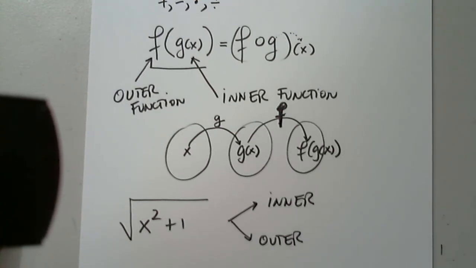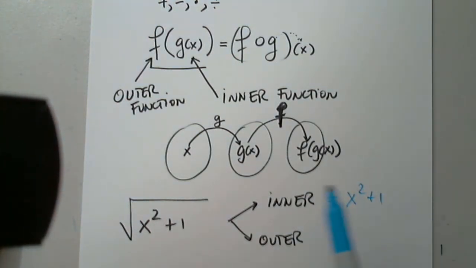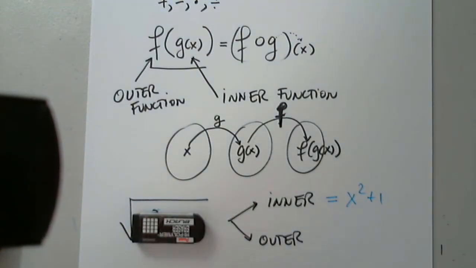Anyone would like to try? Is the inner function, I'm just going to take a guess, is it x squared plus 1? Yeah, this is not a guess. You have to evaluate this first, no matter what. So this is what I have to evaluate first. If I don't get this done first, I cannot apply the square root. I don't know what to apply the square root to. So this is not a guess, right? So this is the square root of x.